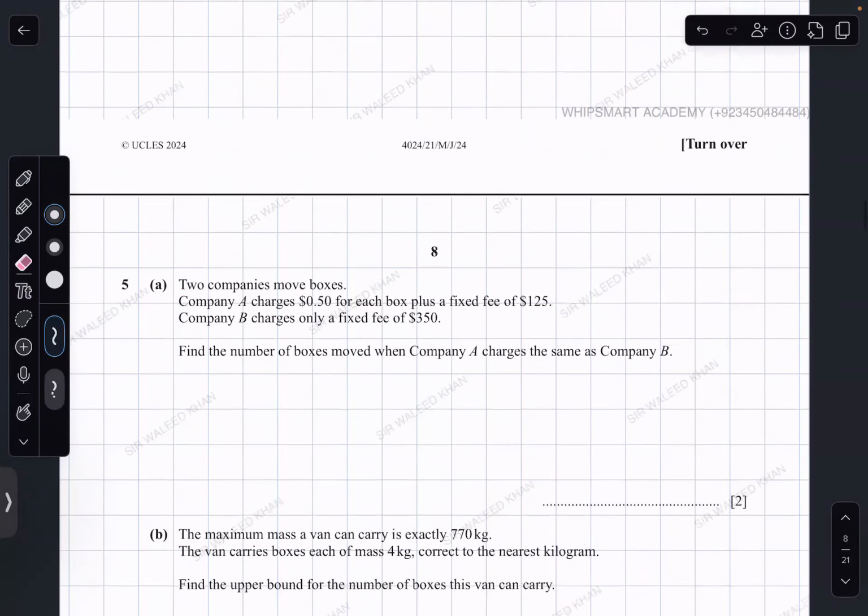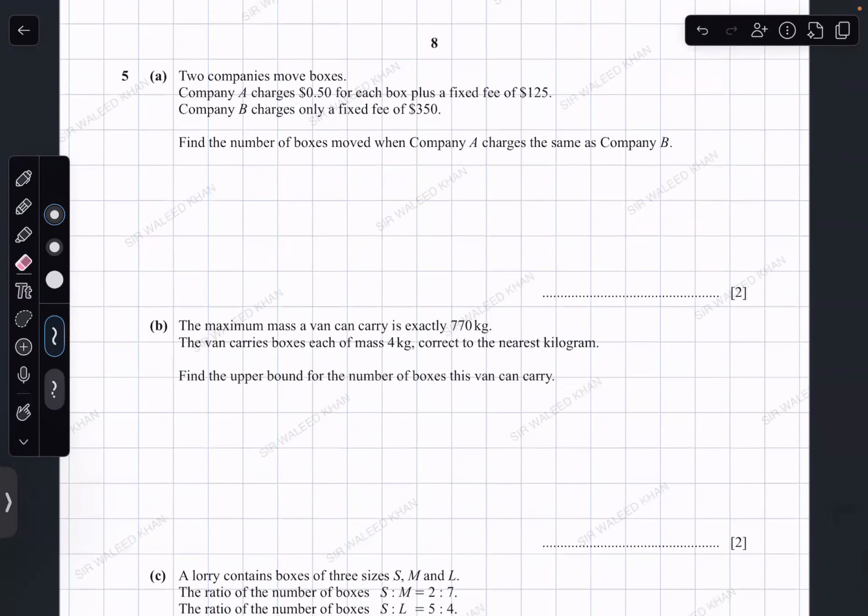Moving on. Question number 5, A part. Two companies move boxes. Company A charges 0.5 for each box plus a fixed fee of 125. Company B charges only a fixed fee of 350. Find the number of boxes moved when company A charges the same as company B. So this is an important statement. They're saying that both companies charge the same amount, and company B charges only a fixed fee of 350.